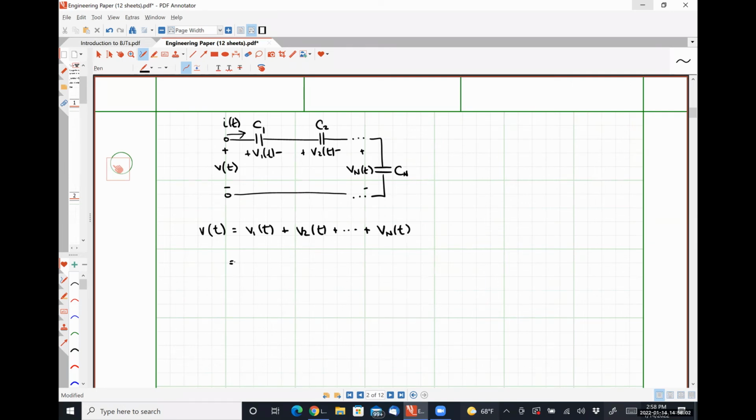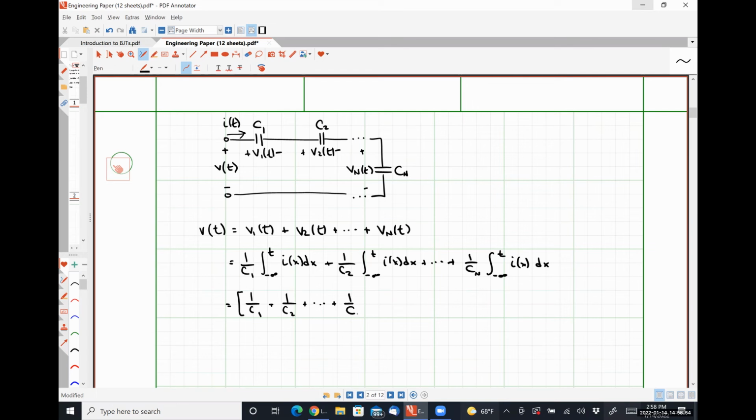Substituting in our integral-based relationship, which puts everything in terms of the current flowing through all of them, we have 1 over C1 integral from -infinity to t of I of x dx plus 1 over C2 integral from -infinity to t of I of x dx plus 1 over C sub n integral from -infinity to t of I of x dx, or 1 over C1 plus 1 over C2 plus 1 over Cn, times the integral from -infinity to t of I of x dx.